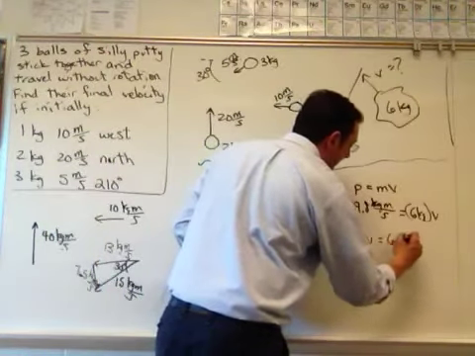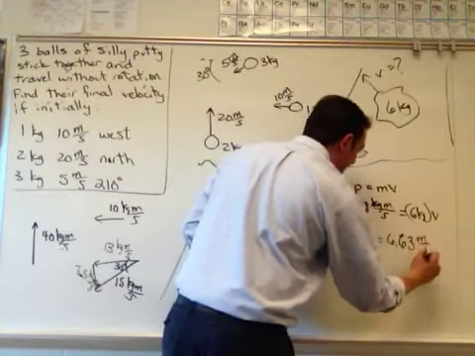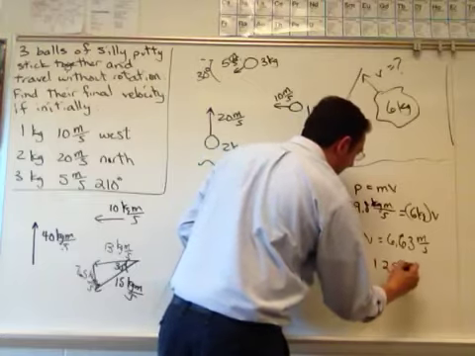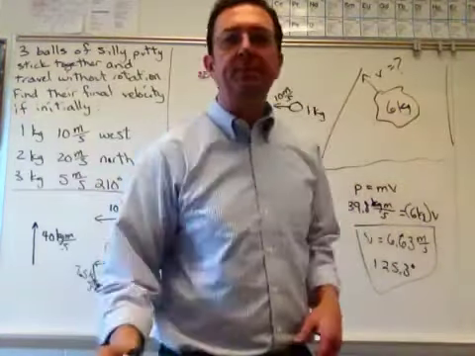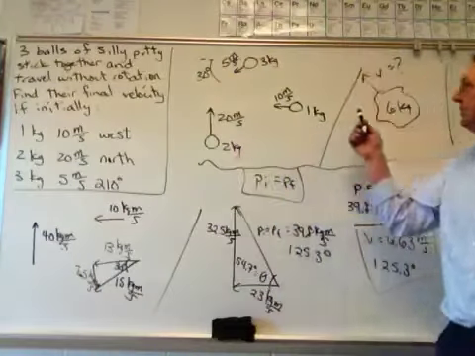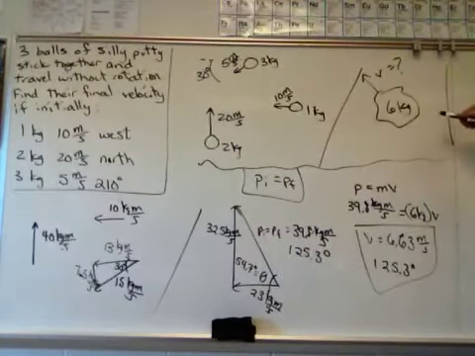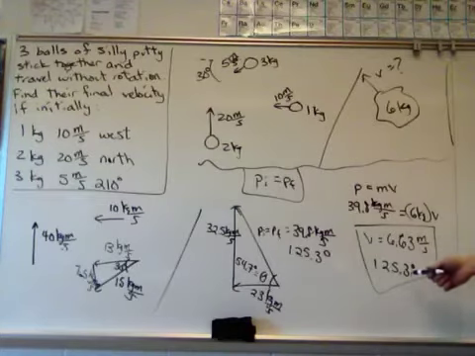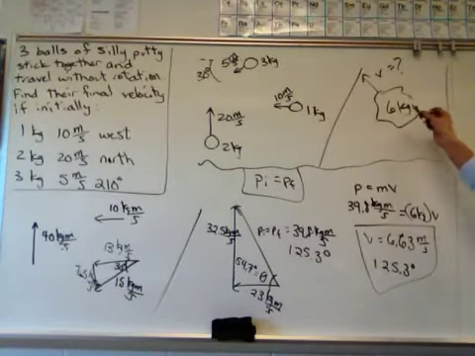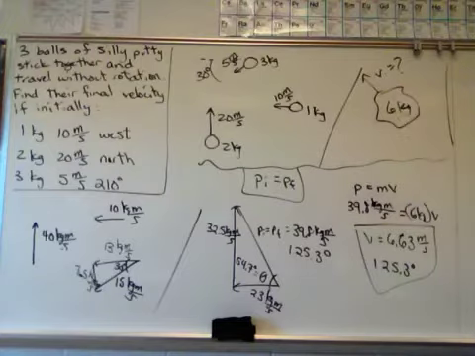Speed, 6.63 meters per second. Direction, 125.3 degrees. So the combination, which is pictured right here, is now traveling 6.63 meters per second at 125.3 degrees in that second quadrant.